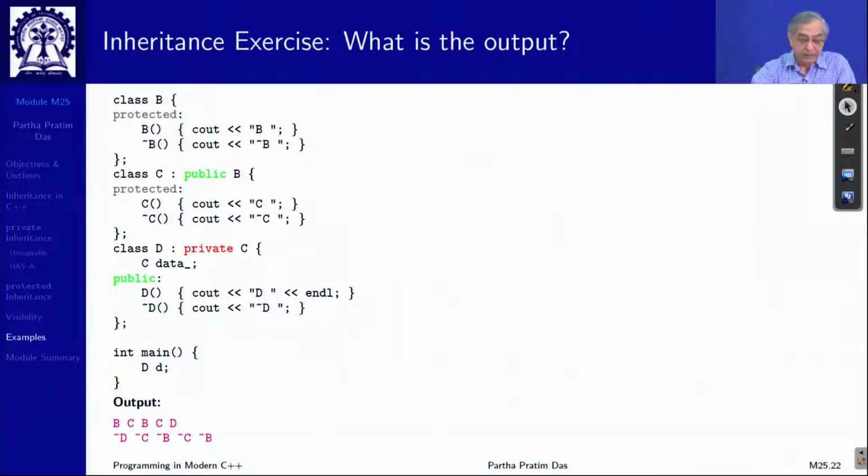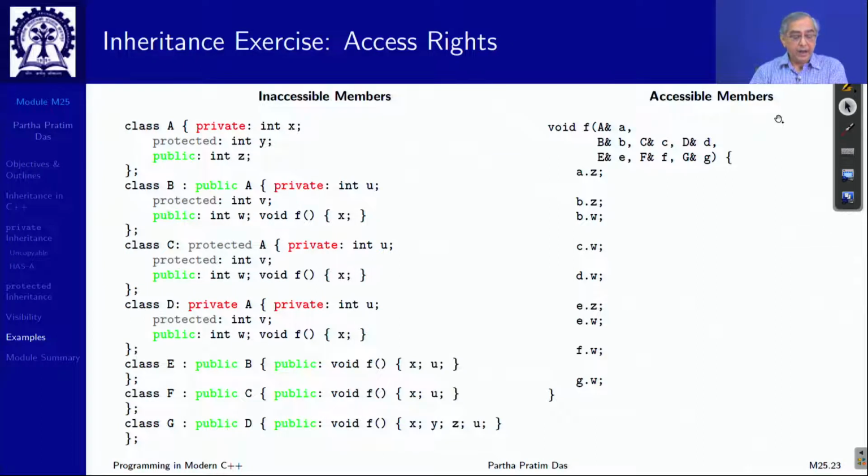This is what you will get to see. It happens in this way. So, this just shows you the order in which things happen with private inheritance and so on. It is not semantically very meaningful, but it is good to know these examples. You can practice that.